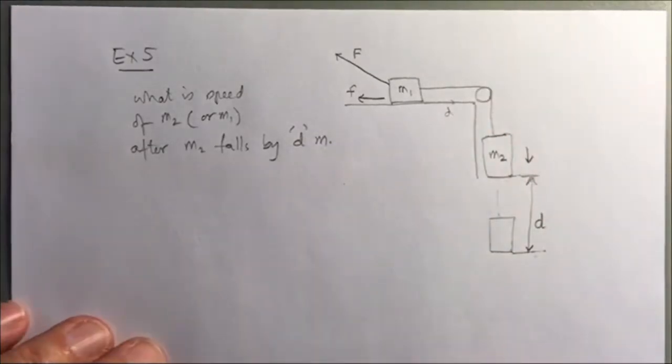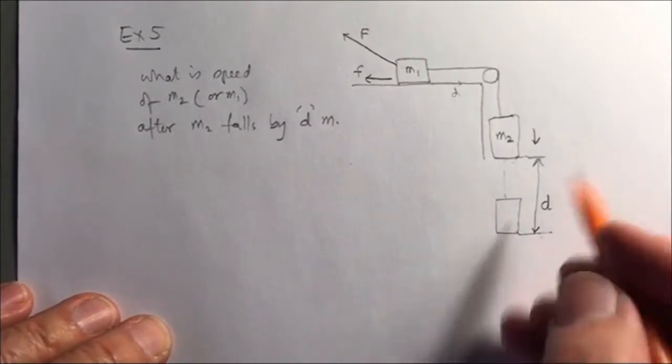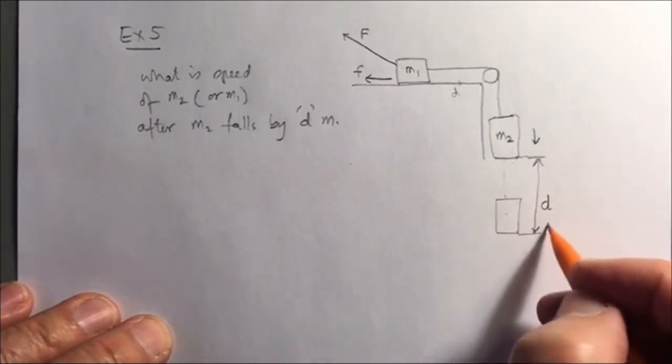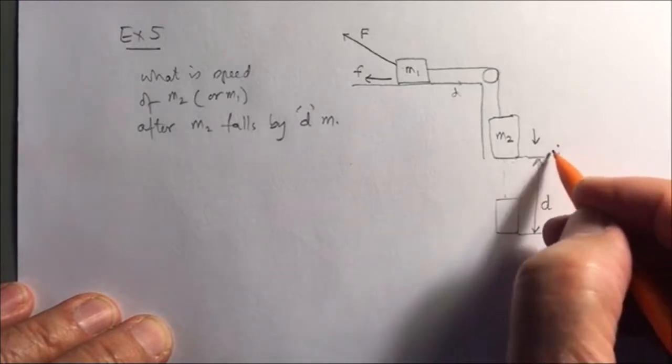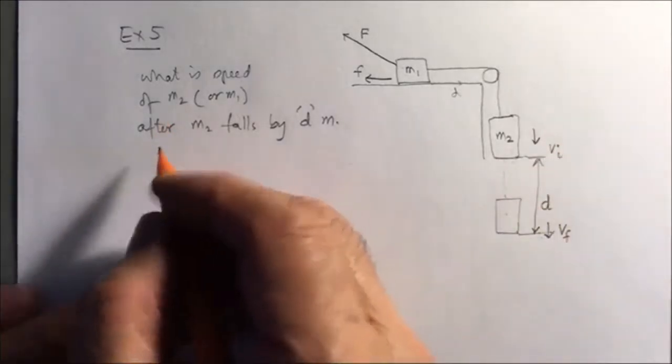So now let's write the equation. We want to find the velocity at this point. That's the final condition, and that's the initial condition. So we have the initial v.